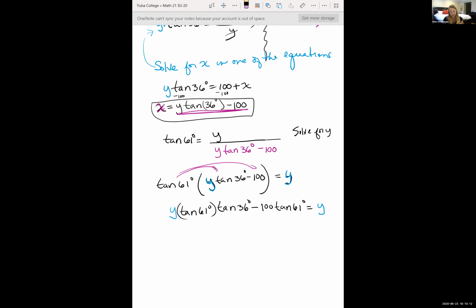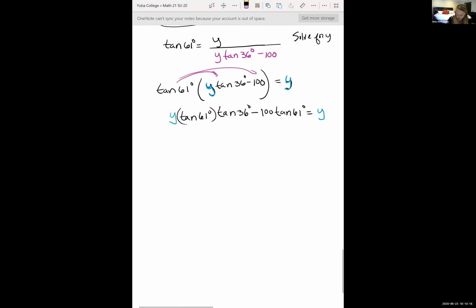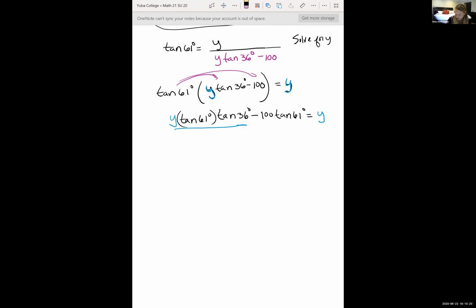So it's technically like a linear equation. I have y raised to the first power, so I want all the terms with y in it on one side of the equation, and any other piece that doesn't have y in it to remain isolated. So let's subtract y tangent of 61 degrees times tangent of 36 degrees on both sides.